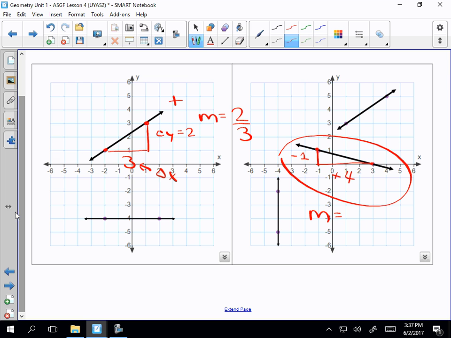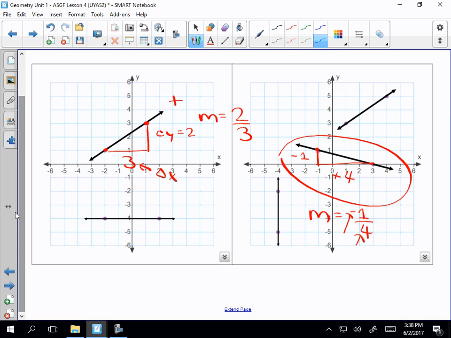So our slope, change in y, negative 1, over change in x, which is 4. We always want the negative in front of the fraction. We don't want a negative in the denominator. If you think about it in these terms, that will help you with that process.